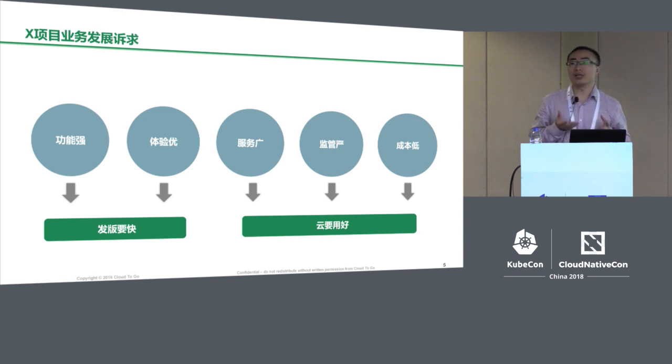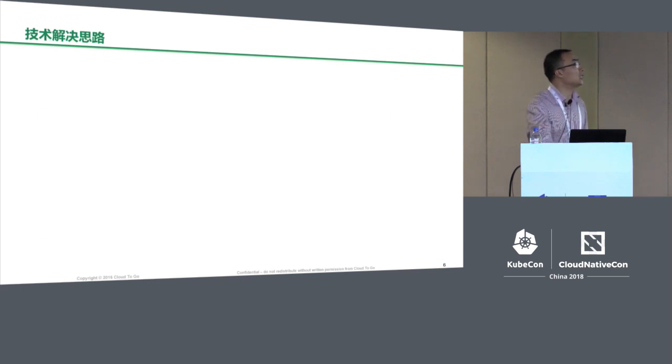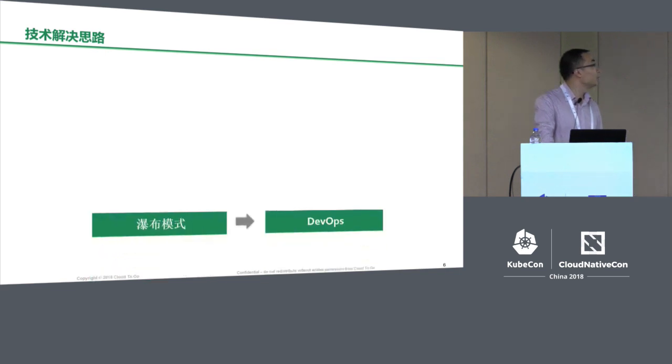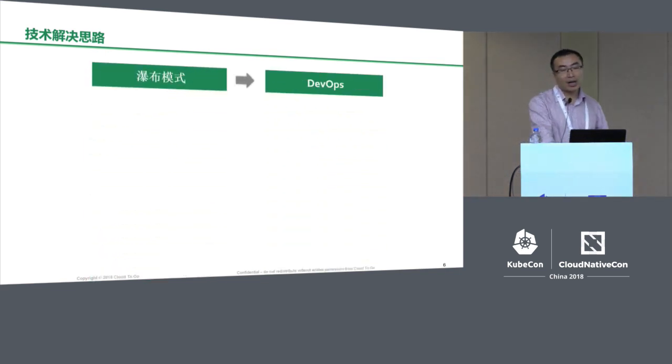So we have these two different types of demand chain. That is, we need fast development in IT to cooperate with our operation. And second, we need to have a good service. That means we need to have a good cloud. We can lower our costs and provide a broader service.